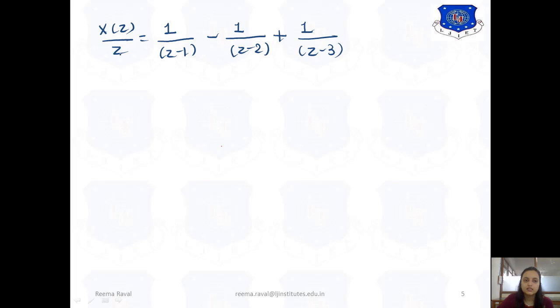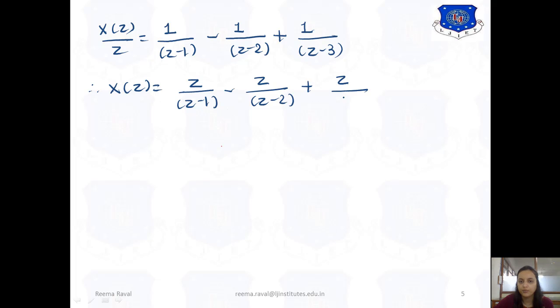Now we will take this z term to the right hand side. So we will get X(z) equals z upon (z − 1) minus z upon (z − 2) plus z upon (z − 3), right?